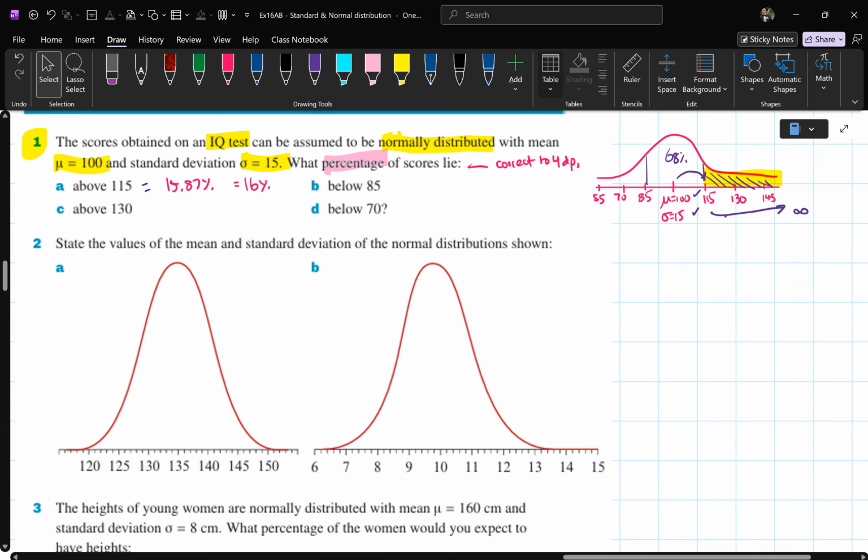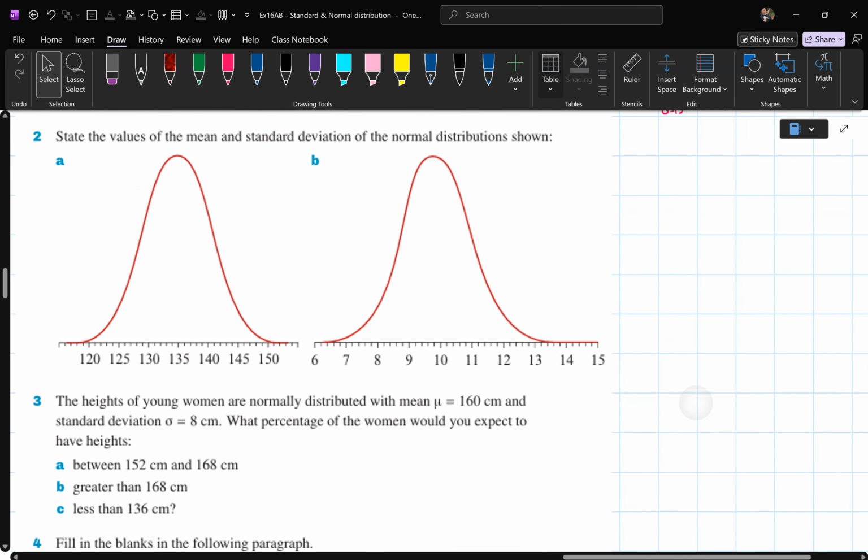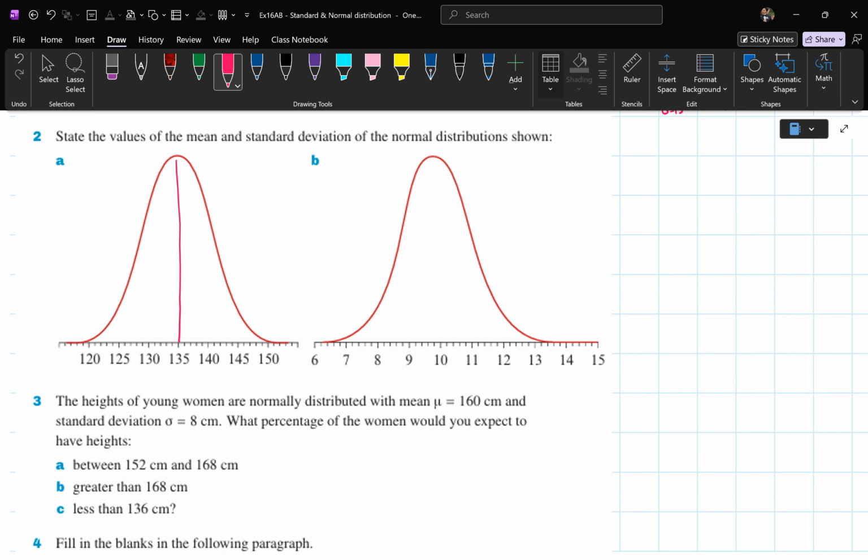All right, let's try another one. Say the mean and standard deviation again. So in this one, mean is clearly the middle, so mean is 135. Standard deviation, well, it's hard to tell, but since they've given us the numbers, that means standard deviation must be 5.